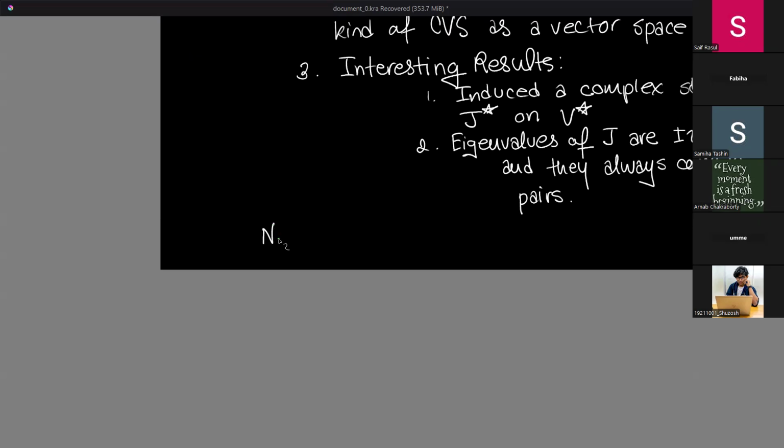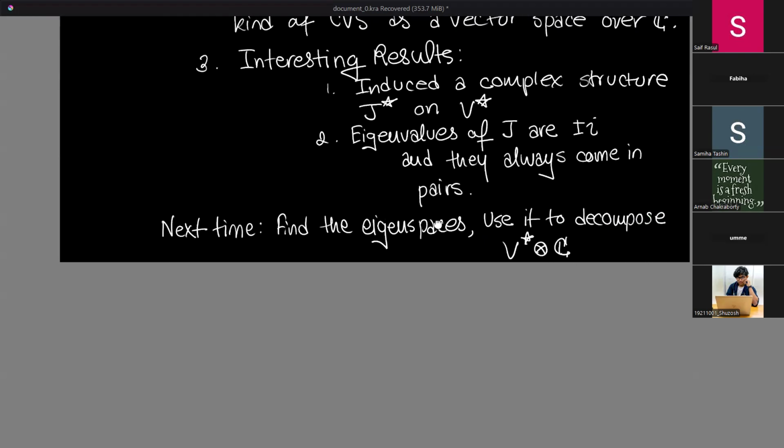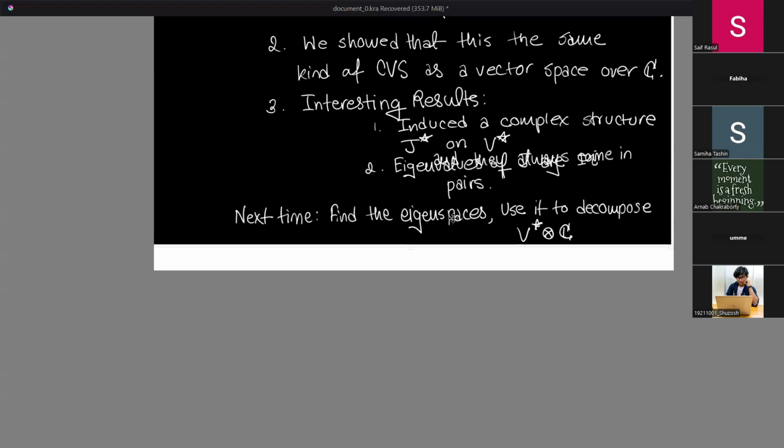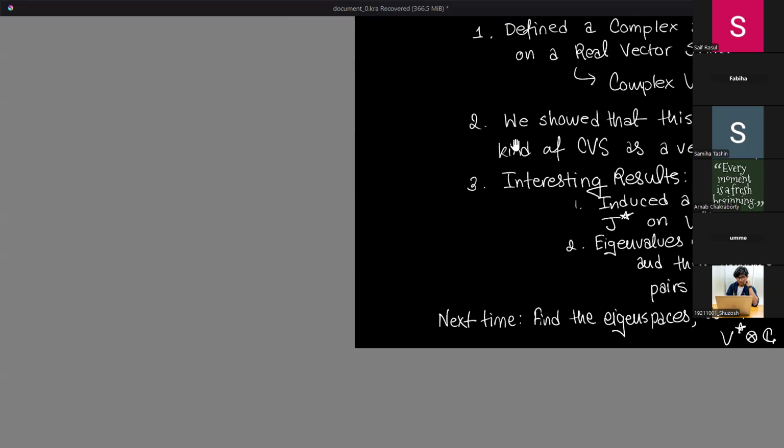So next time, we're going to find the eigenspace or the eigenspaces, and we're going to use it to decompose V star cross C. Let me write it over here.